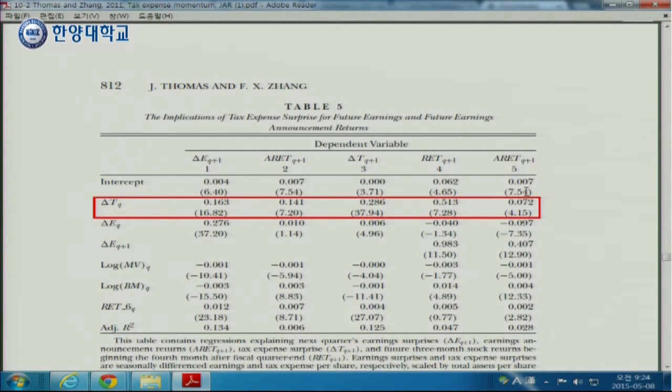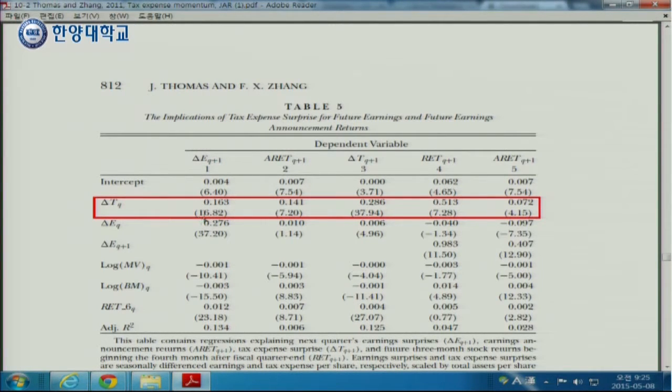But when we look at the past data, it shows a very interesting pattern. If there is a tax expense surprise today, there is a significant relationship with future earnings surprise. So today's tax expense surprise predicts earnings surprise one quarter later. So that is good, right? This one contains information about future earnings surprise.